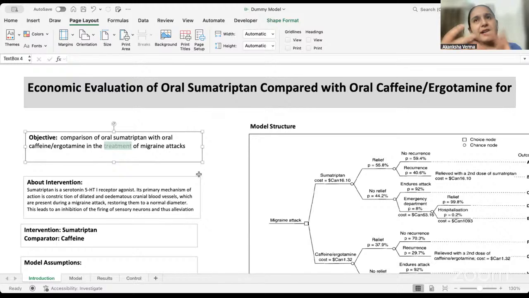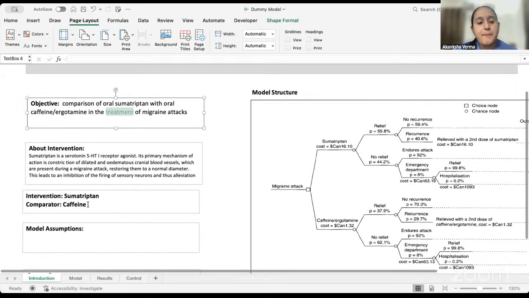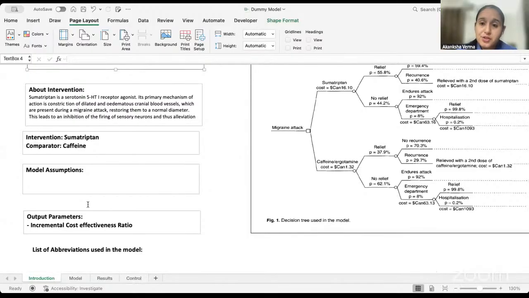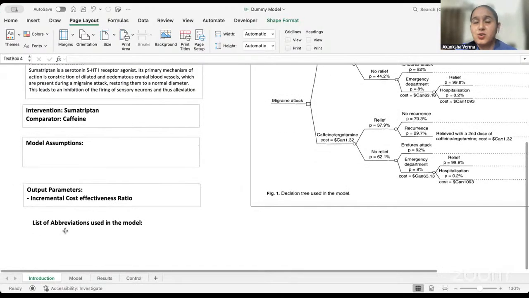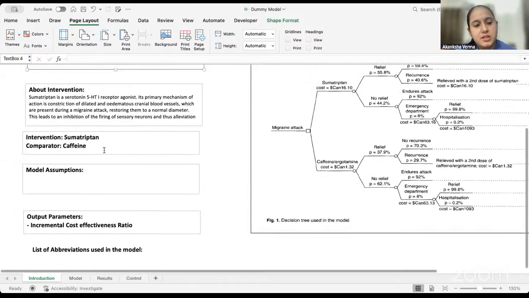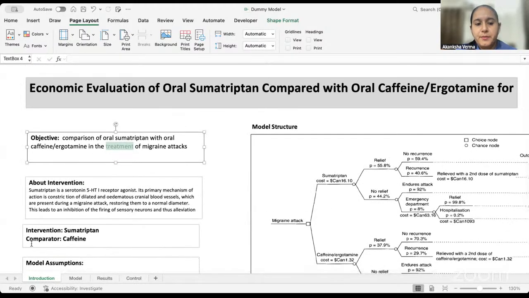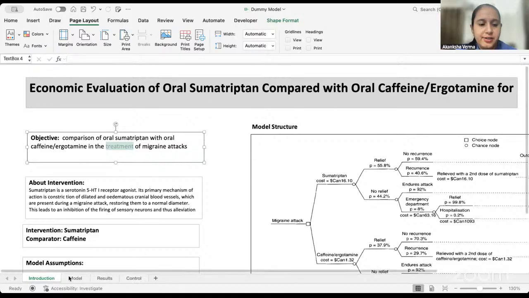You tell a bit about the disease, or why your intervention is important, and what it provides that is different in comparison to the other available comparator. You define your intervention and your comparator, and put up all the model assumptions you are thinking of including in the model. Then you define the outcome parameters which will be included in the model, and a list of all the abbreviations you will be using. So this is basically what you will report in your introductory sheet.